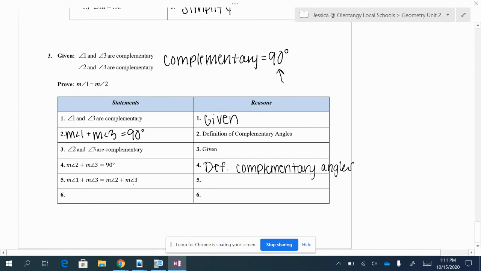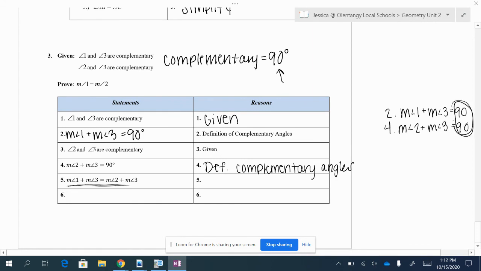And then what is this statement? Okay, so this one's kind of tricky. So if I'm going to take statement 2 over here, statement 2 is measure of angle 1 plus measure of angle 3 is equal to 90. And statement 4, measure of angle 2 plus the measure of angle 3 is equal to 90.